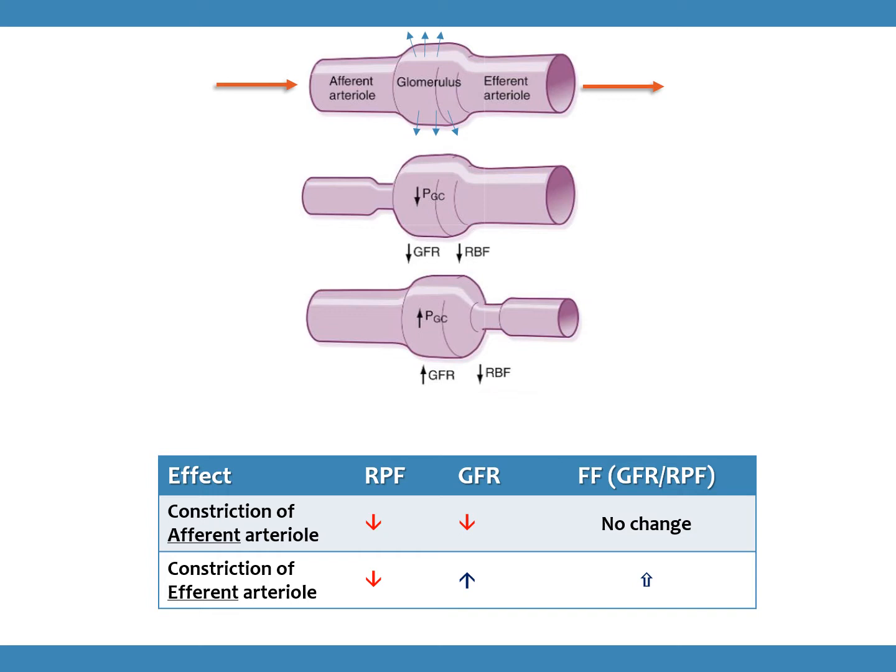Constriction of the efferent arteriole reduces the renal plasma flow but actually causes an increase in GFR. If we look at the filtration fraction, which is calculated from RPF and GFR, constriction of the afferent arteriole will have no effect on filtration fraction, but vasoconstriction of the efferent arteriole will actually increase the filtration fraction.